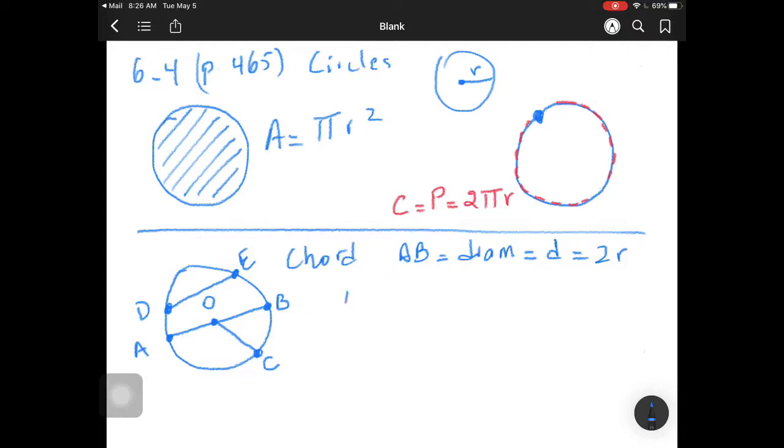Now, AB is a diameter, but it is also a chord. Why is it a chord? Because it connects 2 points that are on the circle. And by the way, the diameter is the longest chord. The longest chord that you can draw in a circle is the diameter.